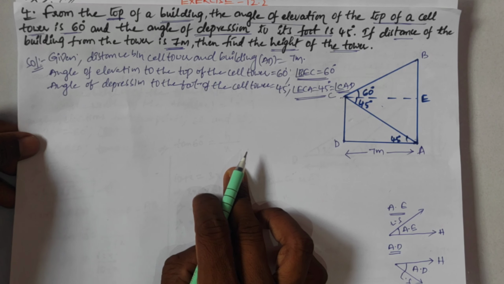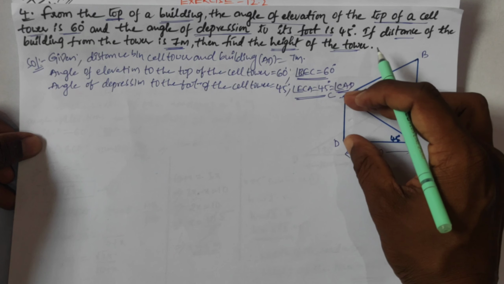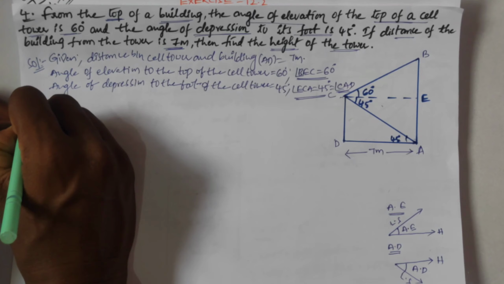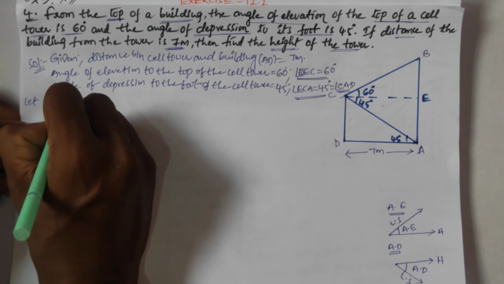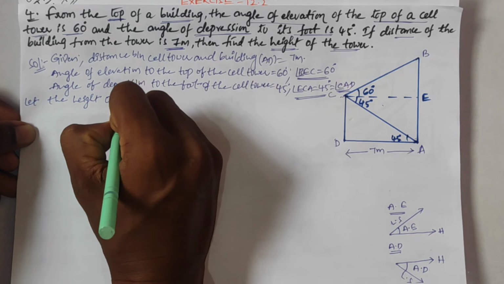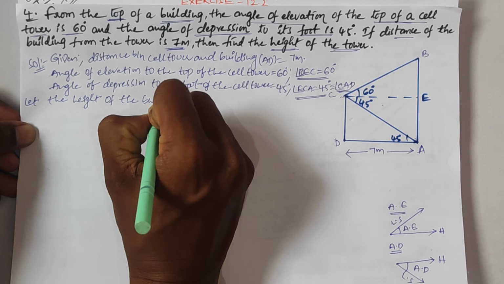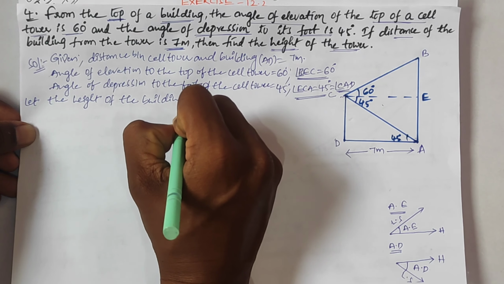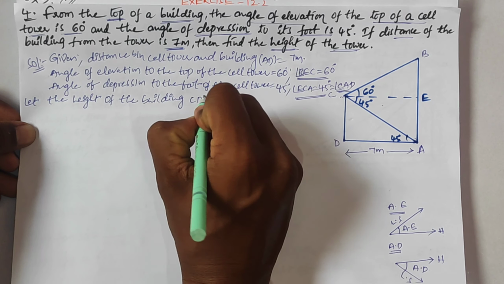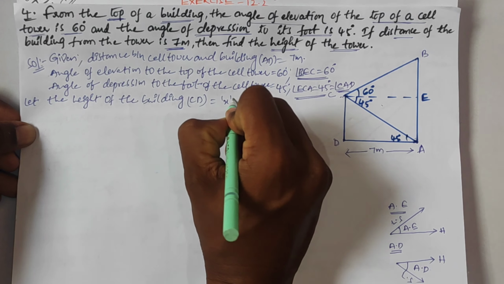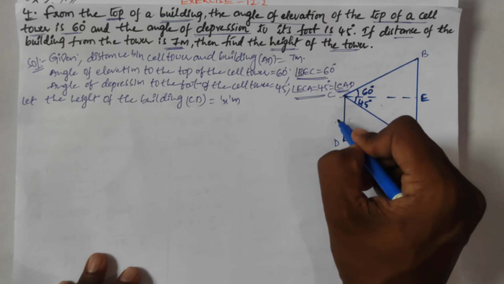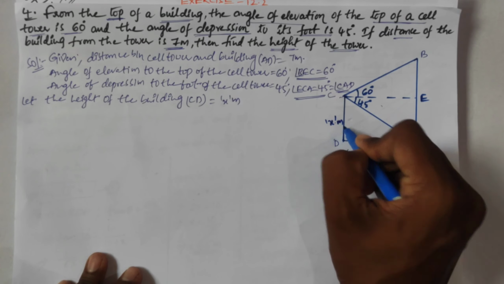Is it clear? And here, the two heights are not given, right? So we'll consider, let the height of the building, CD or DC, be X meters.